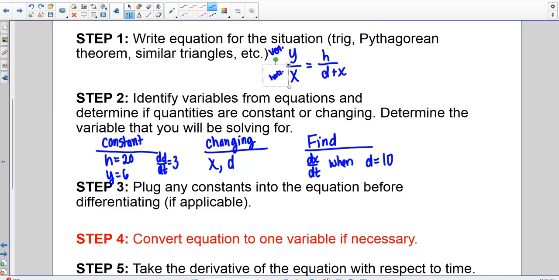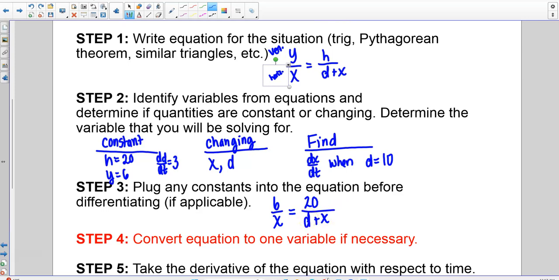Okay, so we are going to plug the numbers that we know into the equation that we came up with here. h is 20, y is 6. So we got 6 over x equals 20 over d plus x.